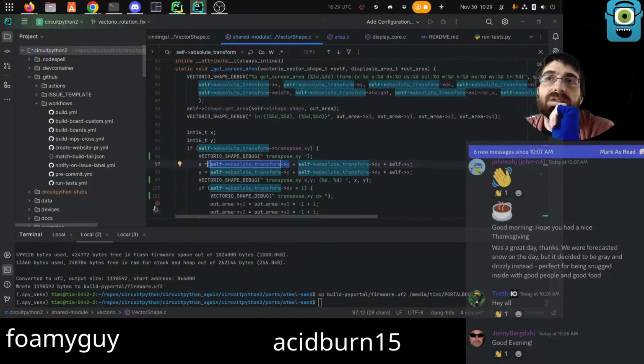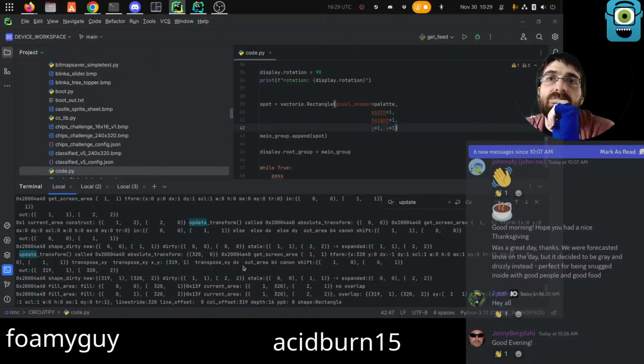Dx is, I guess, -1 or +1, at least when we printed here. But this is also without transpose, so I think this is before we actually did anything.